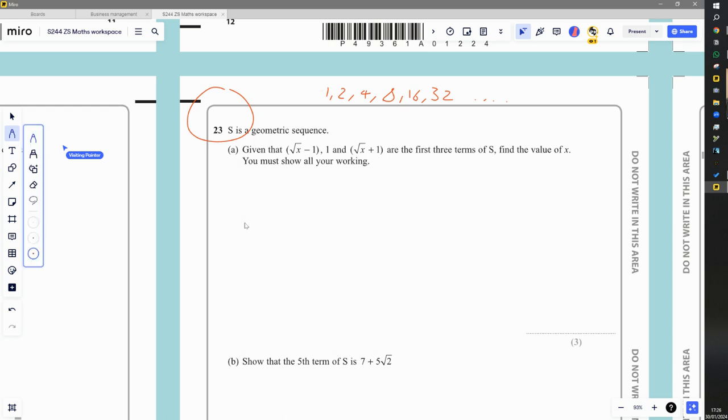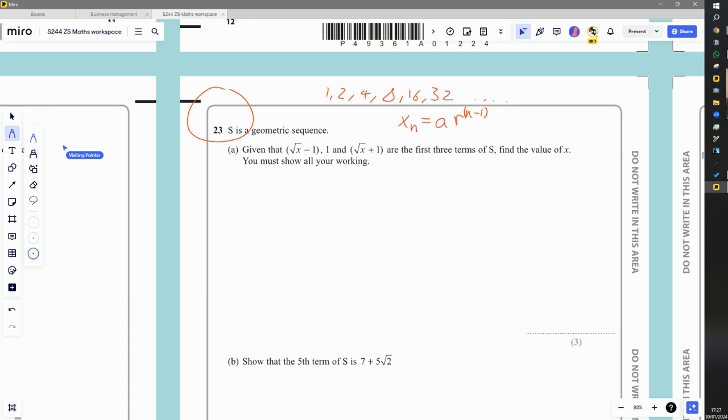I'm not going to properly teach this topic right now because we're going to focus on this question. But essentially, I'll write it up here. Xn, which refers to the nth term, this is another way of writing the nth term, is equal to a multiplied by r to the power of n minus 1.